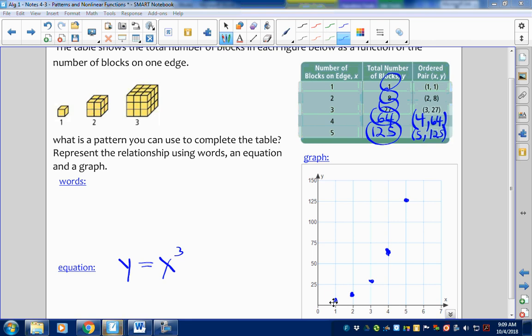You have to understand, in the real world, that volume is 3-dimensional. So there should be a third power somewhere in your equation. You need to recognize these numbers. You need to study those. But y equals x cubed, what's happening here in words is you're multiplying the edge by itself 3 times, right?